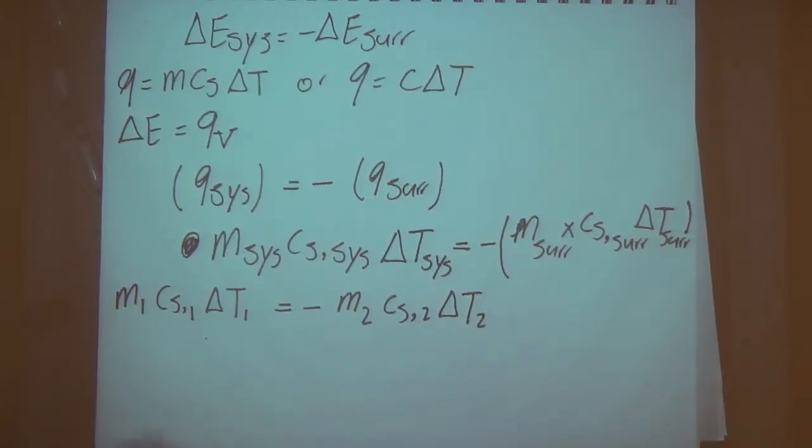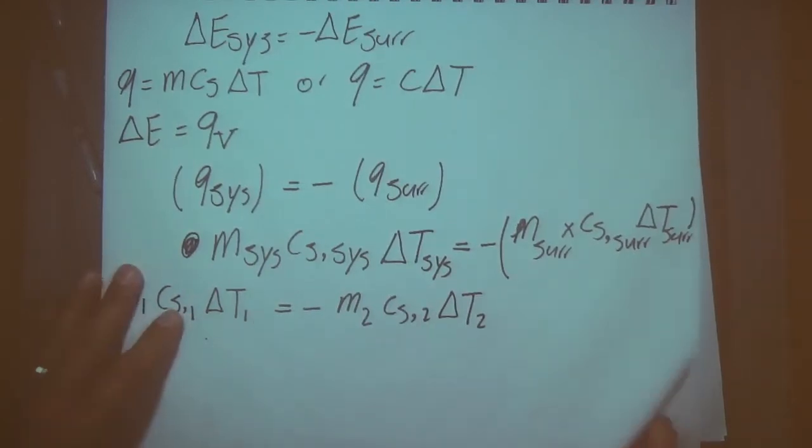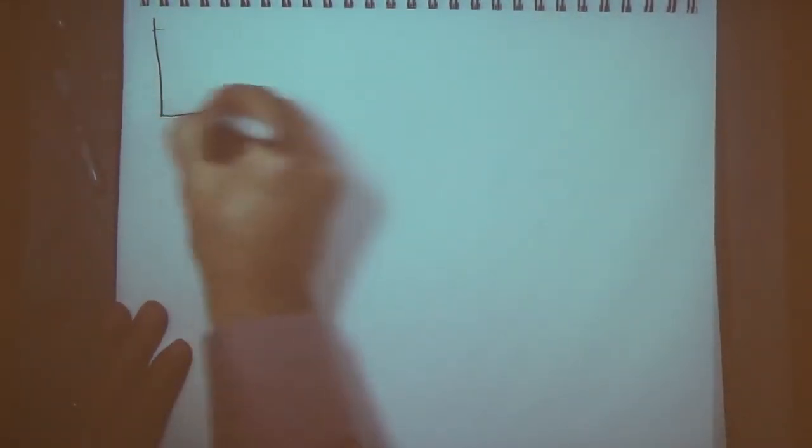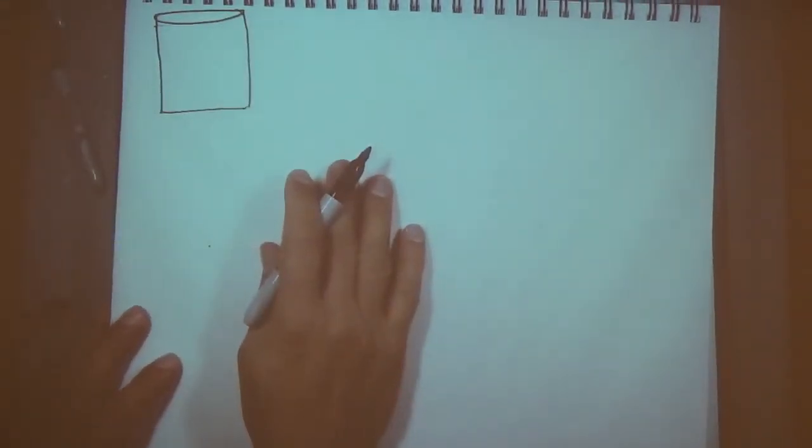Okay. Now practice one question about this one, the question that you have in your slide. The question says we have a cube of aluminum. Here I have a beaker, and that beaker has water in it.